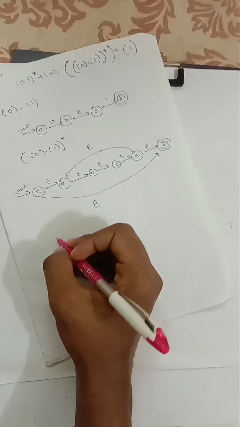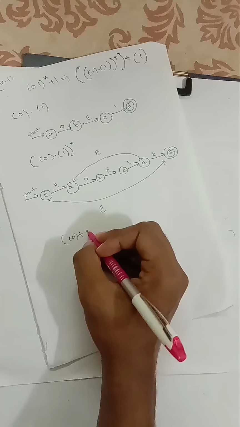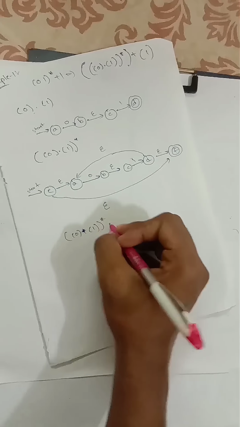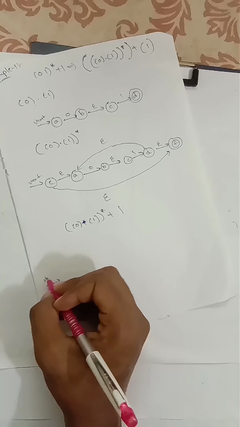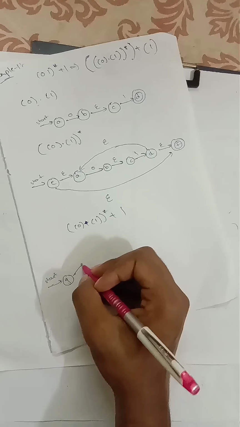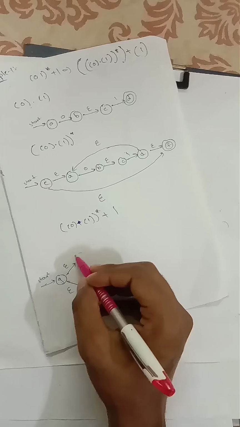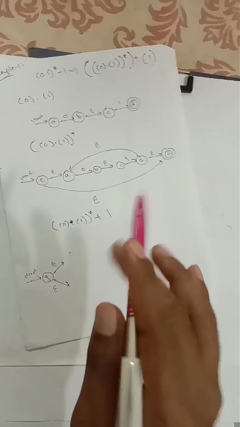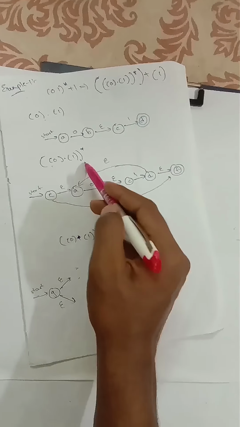Now the expression will become like this. Now take G as a starting state with epsilon transitions, where in this part the automata will be taken of this one.